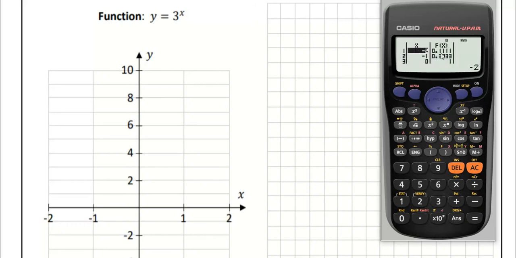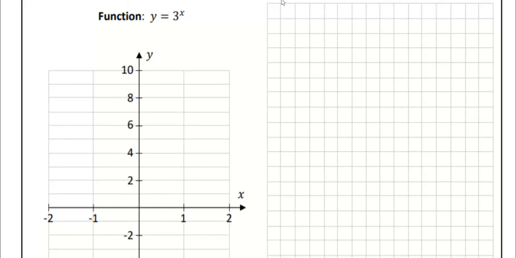Now you might see 0.111, very low, and then 0.333, so both of them are very low. Just for context, 3 to the power of minus 2 is a ninth, which is 0.11.